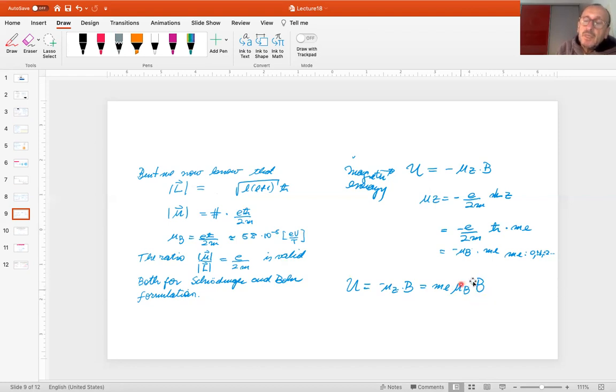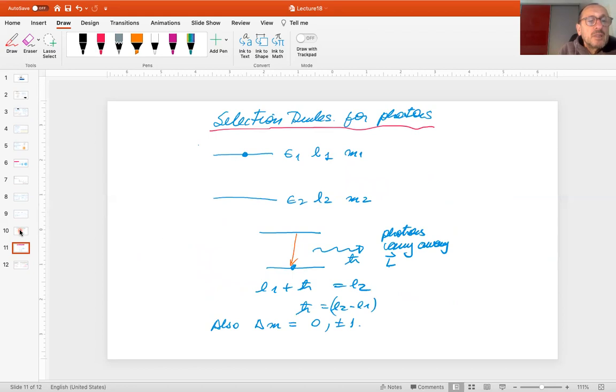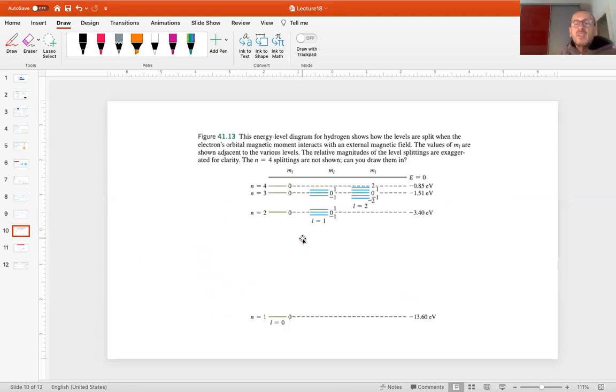The magnetic field is aligned along the z-axis. You get this expression, and this number can only change the energy levels of the unperturbed hydrogen atom by this tiny amount, which are a few times this value. Okay, this was my whole point, and this is explained here.